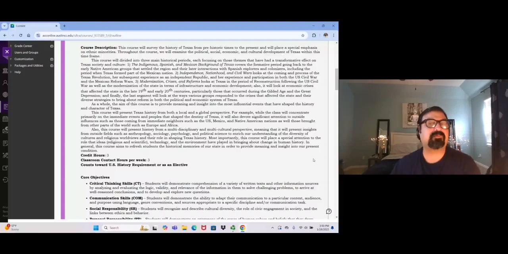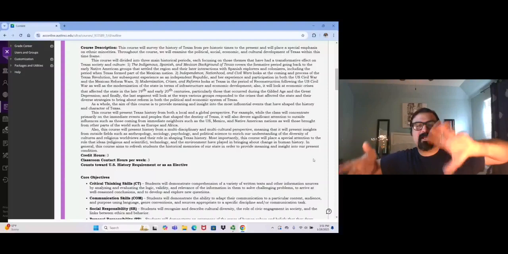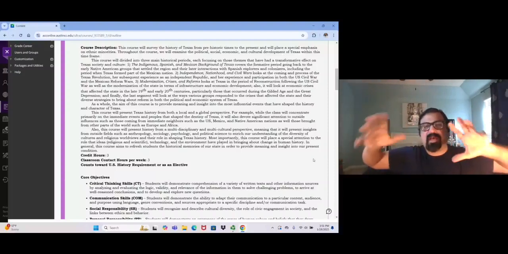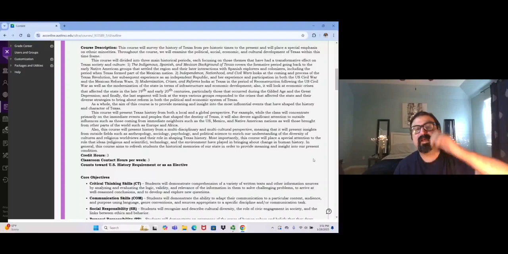So by 1845, Texas joined the United States as a new state in the American Union. From being an independent nation, Texas becomes an American state.